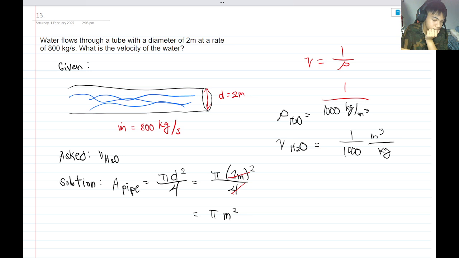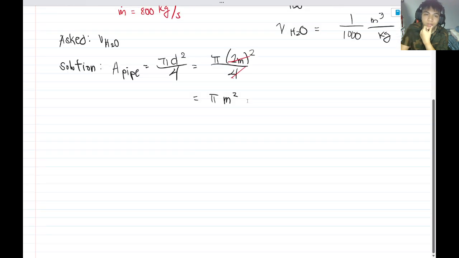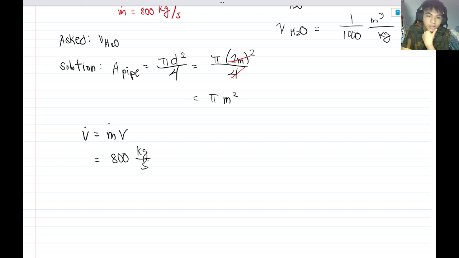Okay? And using this, we can calculate for the volume flow rate. Since we're given the mass flow rate and now we have the specific volume, we know that the volume flow rate is equal to the mass flow rate multiplied by the specific volume. So this is 800 kilograms per second multiplied by 1 over 1,000 cubic meter per kilogram. So makancel to, and we're left with the volume flow rate. This is 0.8, by the way.